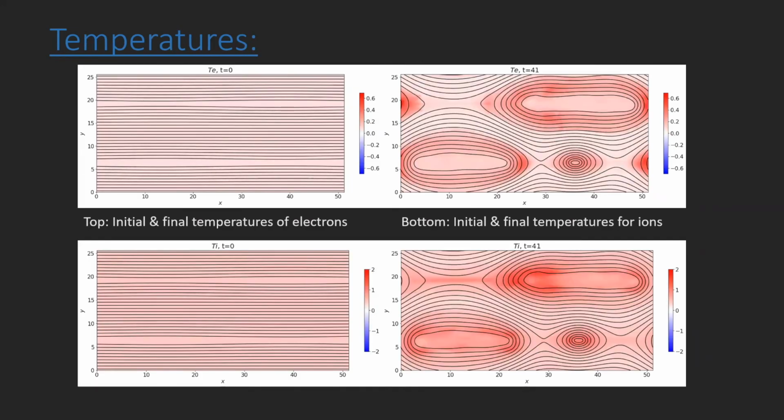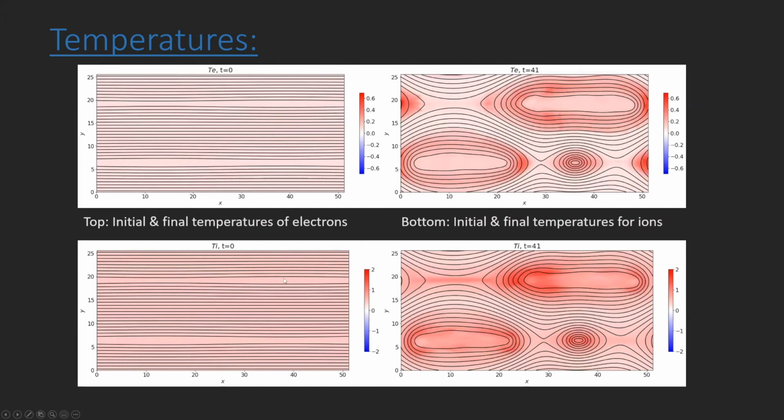And then here are also the temperatures. So at the top, we have the initial and final temperatures of electrons. And on the bottom, we have the initial and final temperatures of ions. And in both cases, they heat up to multiple times their initial temperature. So in the first one, they heat from about 0.1, 0.2 up to 0.6.